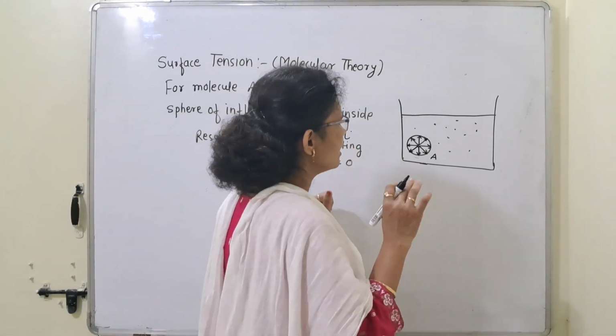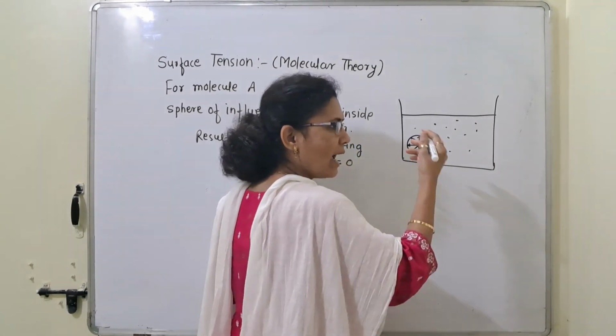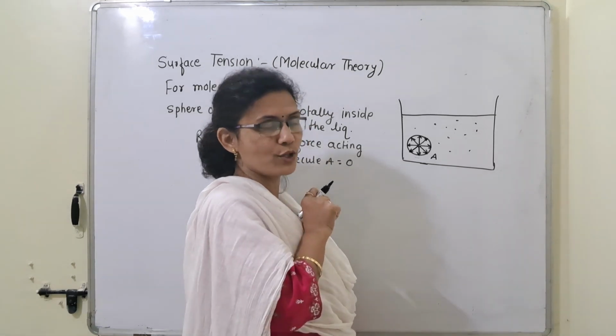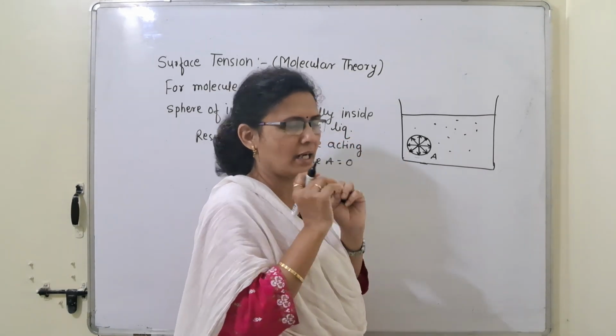Now we have to consider another molecule B, which has a sphere of influence, of which a small part will be outside the liquid and a bigger part will be inside the liquid.